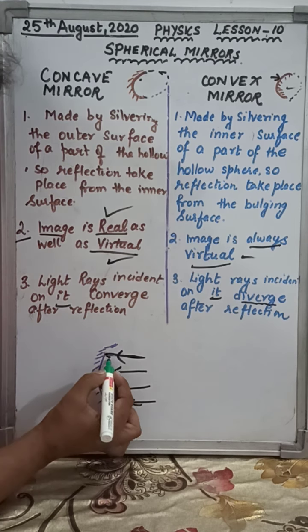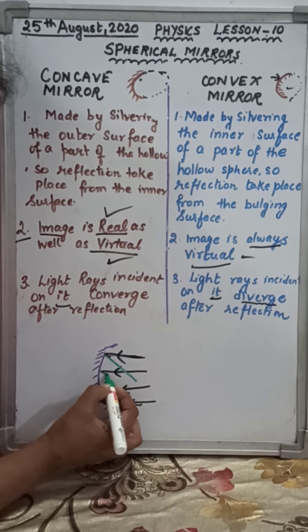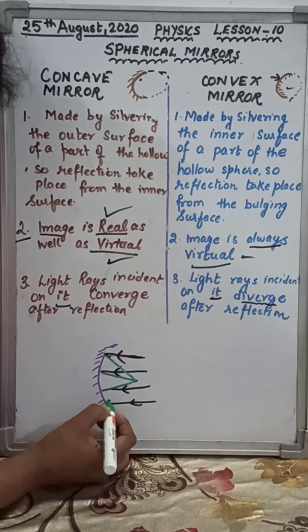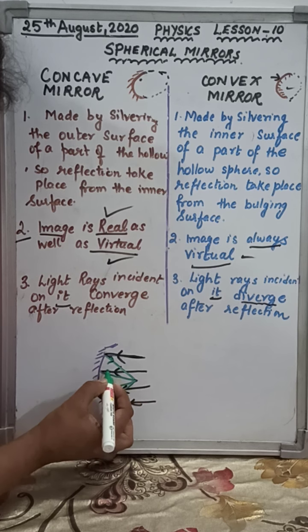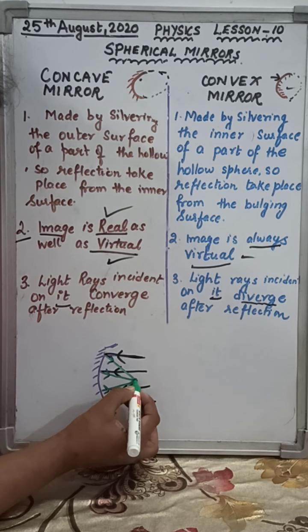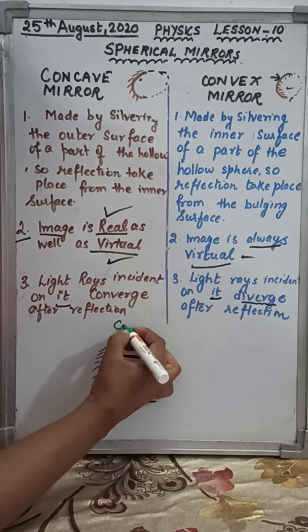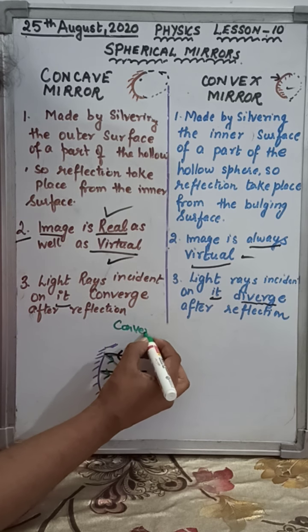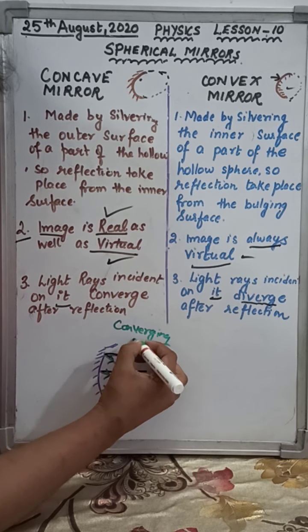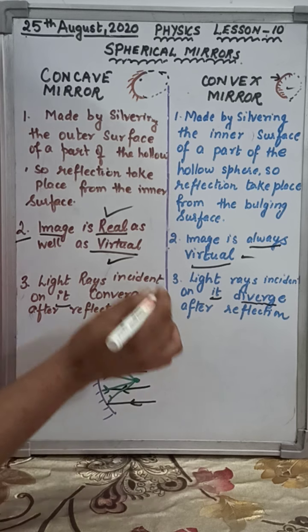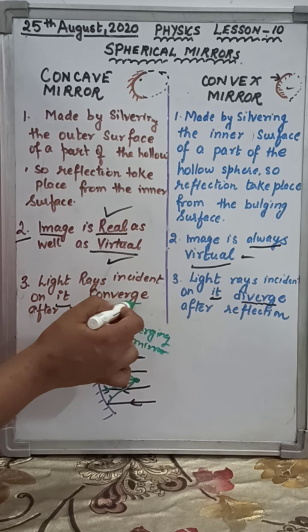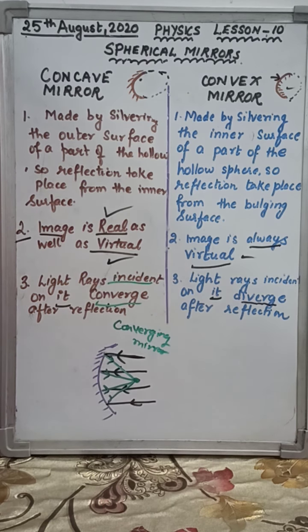After reflection, they all will meet at a point. They are converging at a point. So this concave mirror is also known as a converging mirror, or it converges the incident rays.